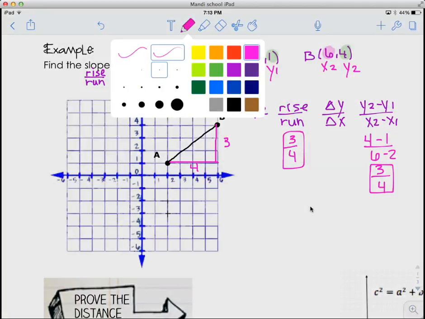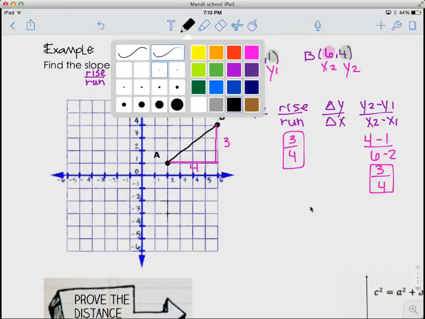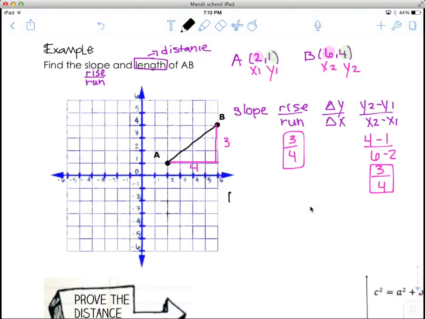Now the distance formula. Distance equals the square root of (x2 minus x1) squared plus (y2 minus y1) squared.